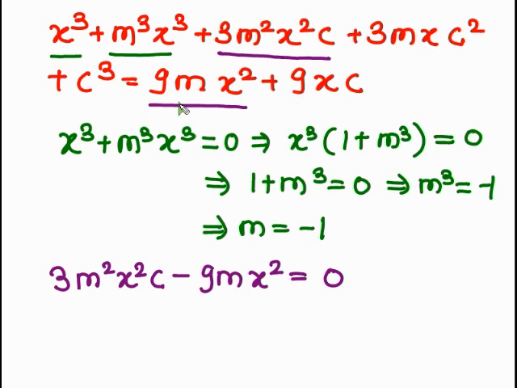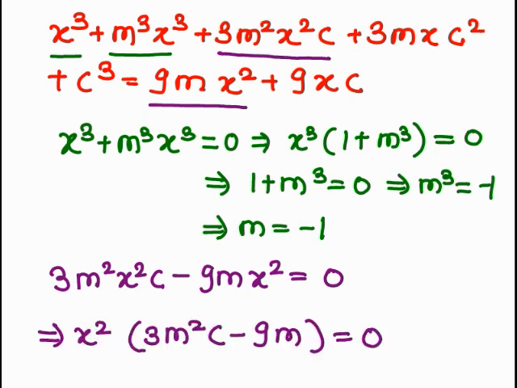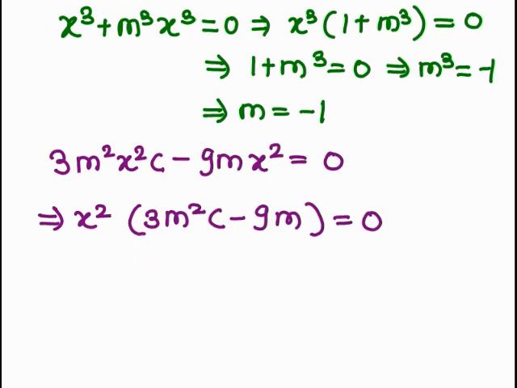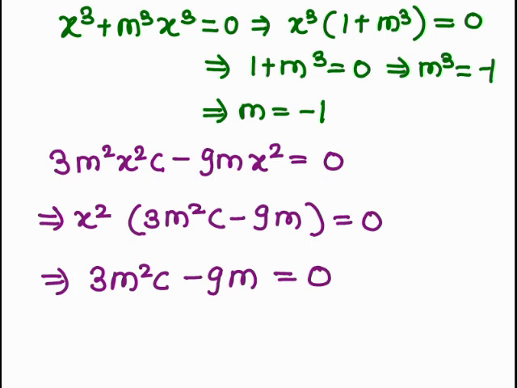Similarly, if we take this term to the left hand side, we get 3 m square x square c minus 9m x square equal to 0. Taking x square outside, we get 3 m square c minus 9m. So 3 m square c minus 9m equal to 0, and we already know the value of m, that is minus 1.